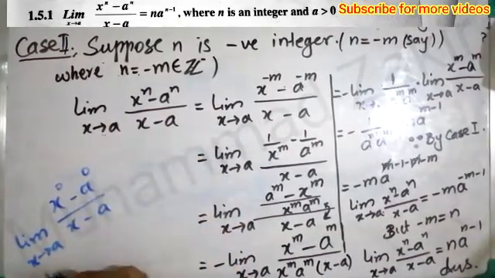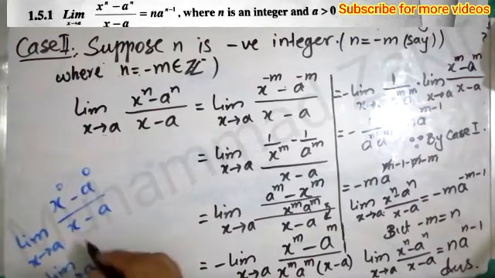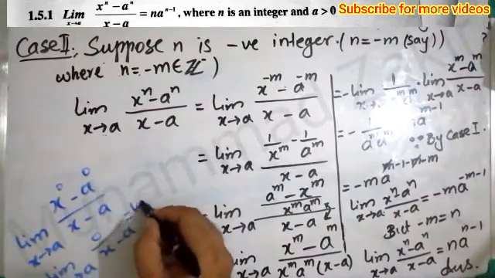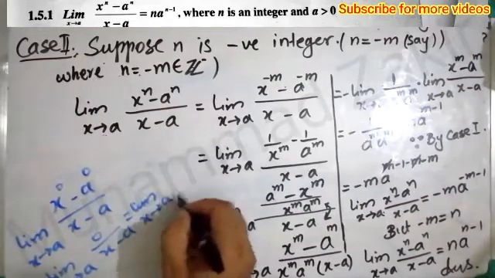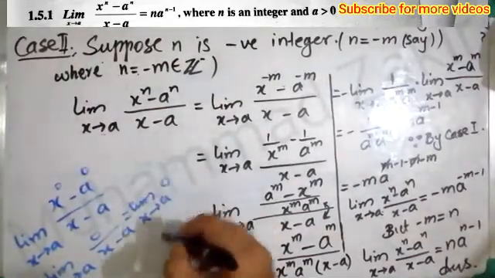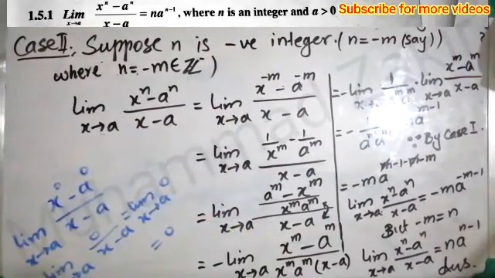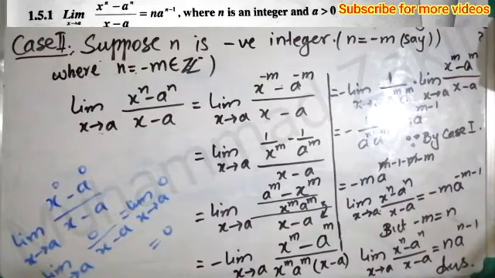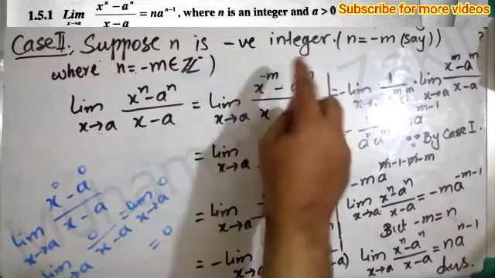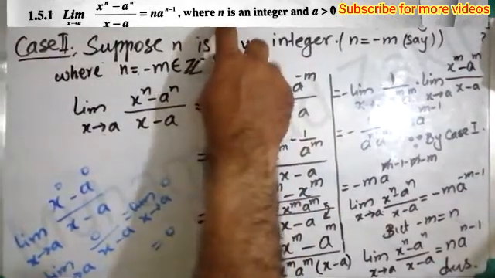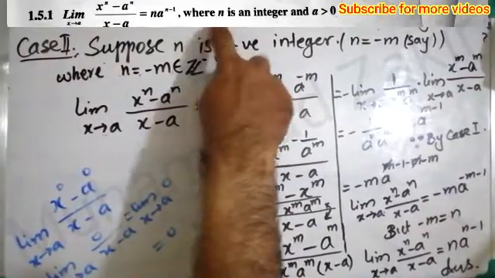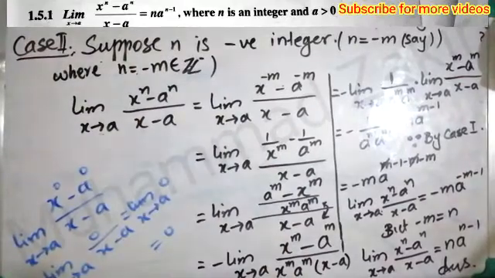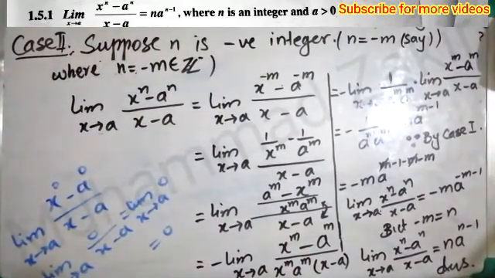We can write it in the next step, x approaches a, 1 minus 1 is 0, 0 by x minus a, limit x approaches a of 0, the answer will be 0. So for two kinds of integer values, one positive, the other negative, this is the answer. When n becomes 0, this structure becomes 0. So left hand side and right hand side are both 0. 0 also satisfies left hand side and right hand side.